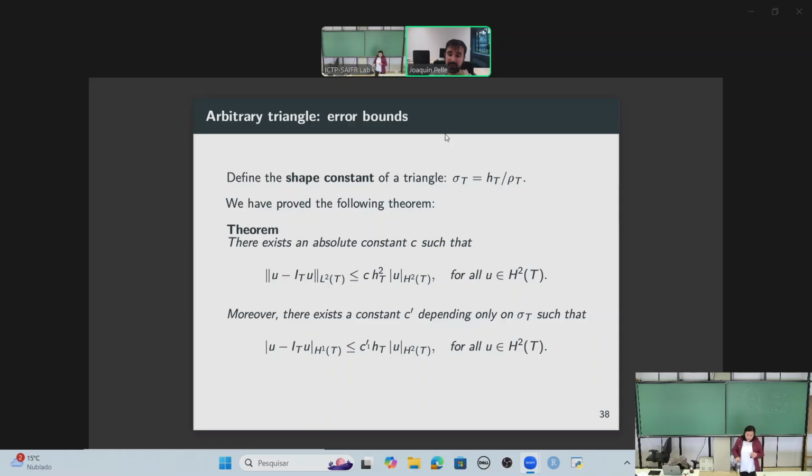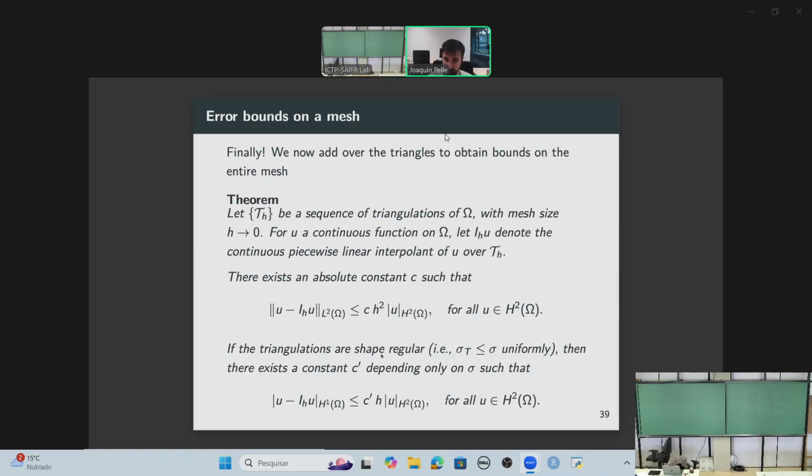So assuming that the sequence satisfies a certain goodness condition of behavior, which is essentially that we can bound this shape constant uniformly, then there exists a constant C prime, which only depends on this uniform bound, that satisfies the following. We bound the H1 seminorm of the error by C prime times H. Here, instead of H squared, we have H, and the seminorm of U.